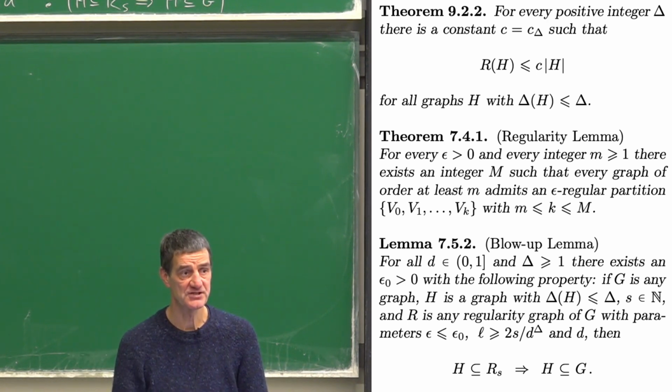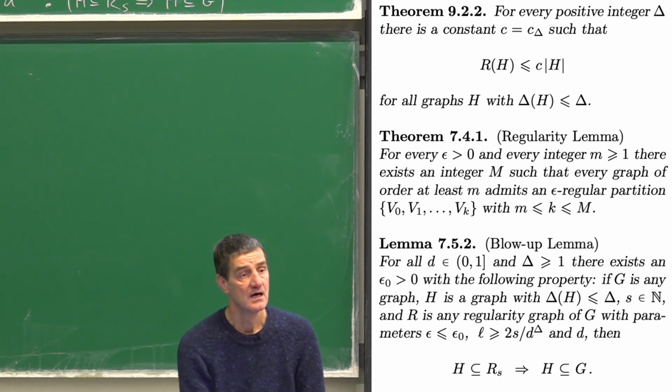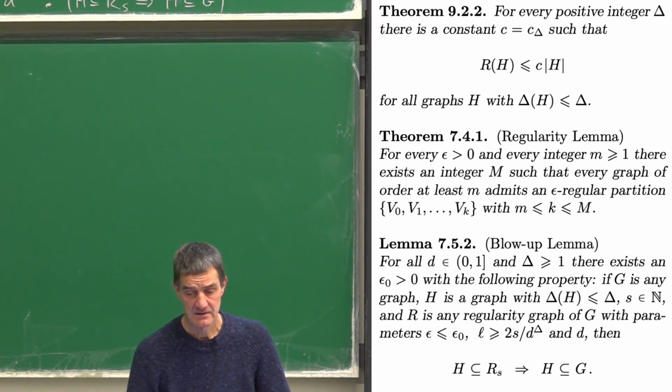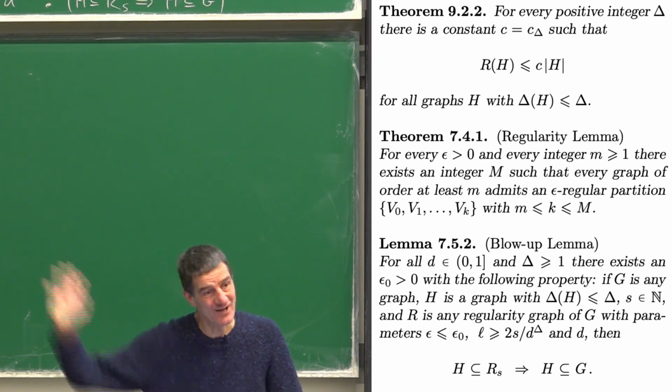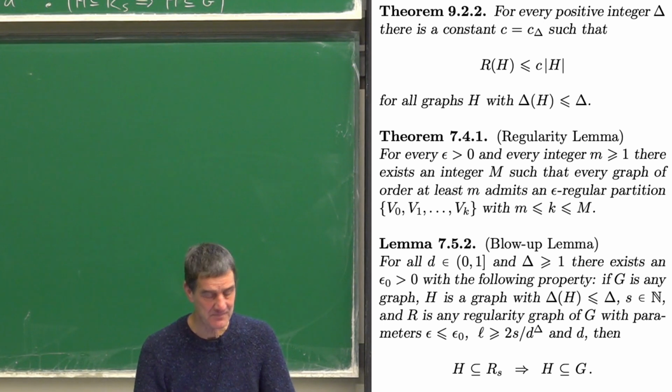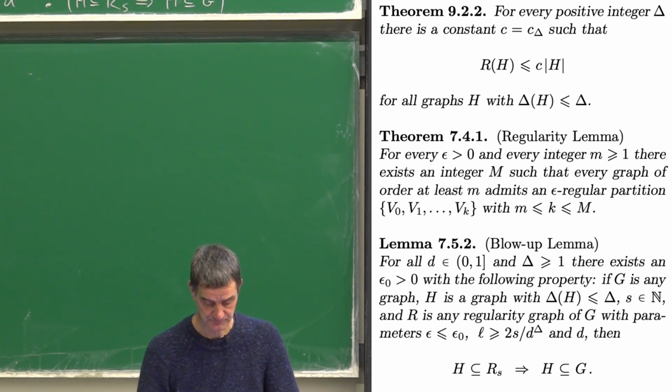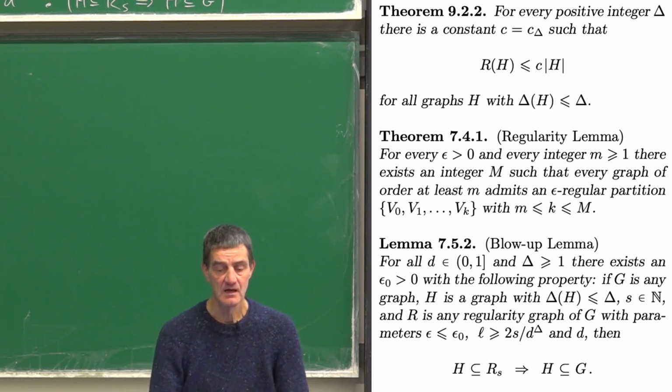How many partition classes are there? Little k many. And all but epsilon k squared of those pairs are epsilon regular and therefore produce an edge, a blue edge as they were last time in our regularity graph R. Okay.